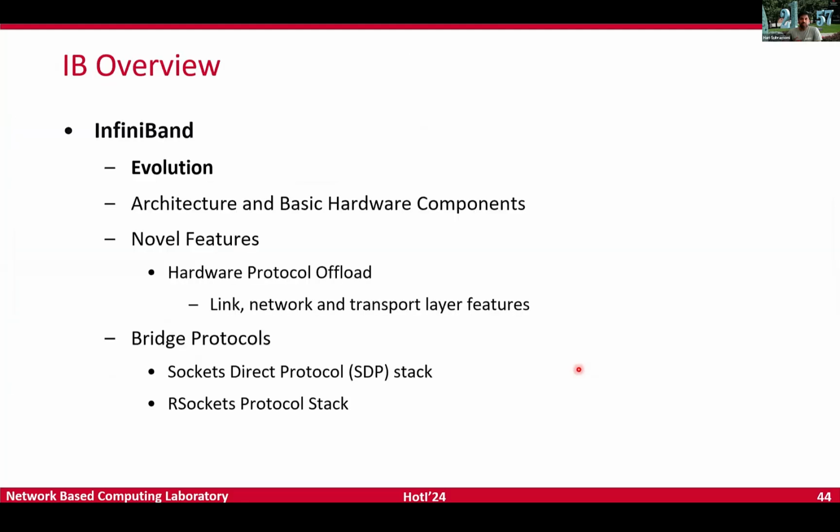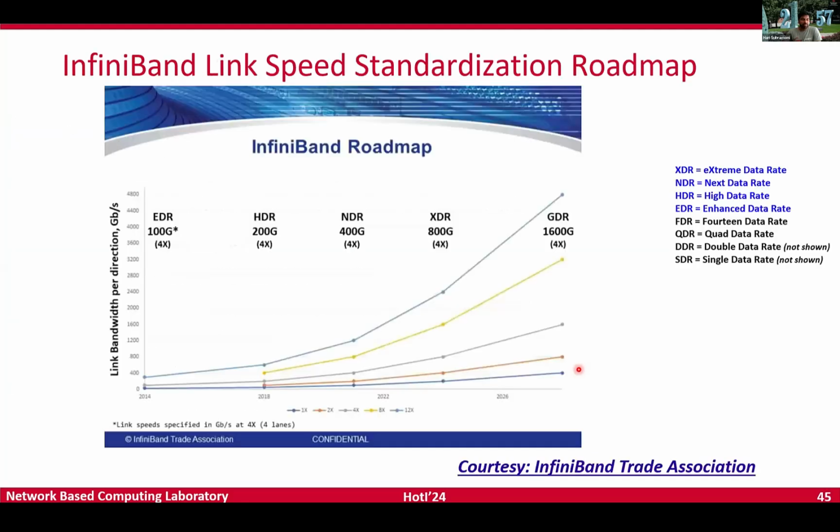Now let's look at how the evolution of IB has been happening over the last couple of decades. So we started with SDR, or single data rate, a long time ago. So then we went through various evolutions, and right now we are at NDR, 400 to 800 gigabits per second. And your typical deployment scenario is with 4 pairs of twisted wires.